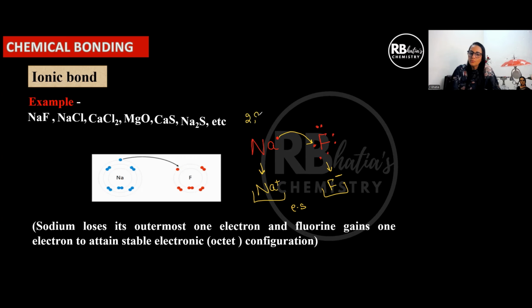Sodium was 2,8,1. So when it loses this, it is left with an octet. Fluorine has 2,8,7. It gains 1, and it also gets its octet. So the electrostatic force of attraction between these two oppositely charged ions is what is called an ionic or electrovalent bond. It's formed by complete transference.